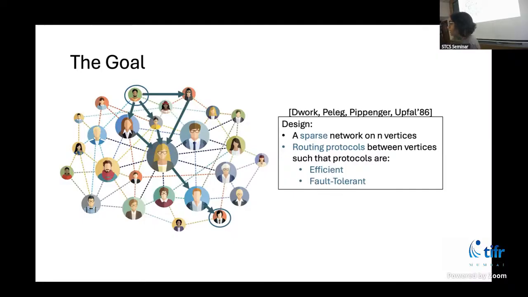For efficiency, if you have constant degree networks, you'll need at least log n length paths. So you want polylog n efficiency; you allow for some polylogs. And fault tolerance is like, if a constant fraction of vertices are corrupted, you want all but some other constant fraction to be able to communicate. And the behavior of the malicious node can differ based on which pair I'm checking if they are able to communicate.